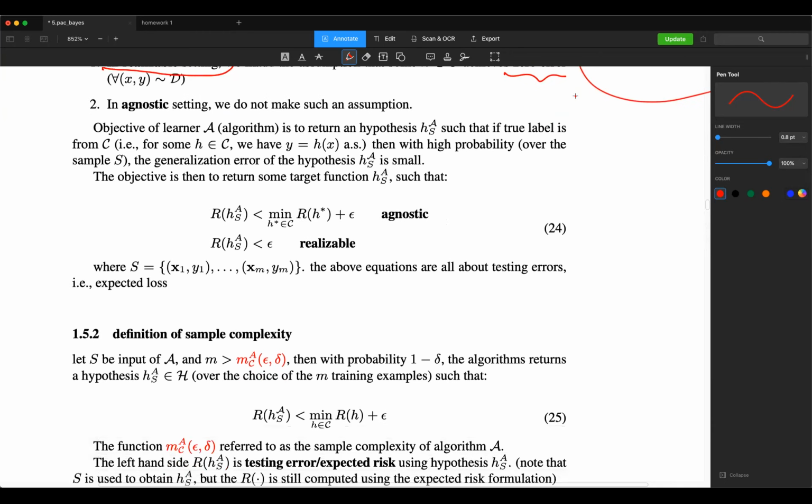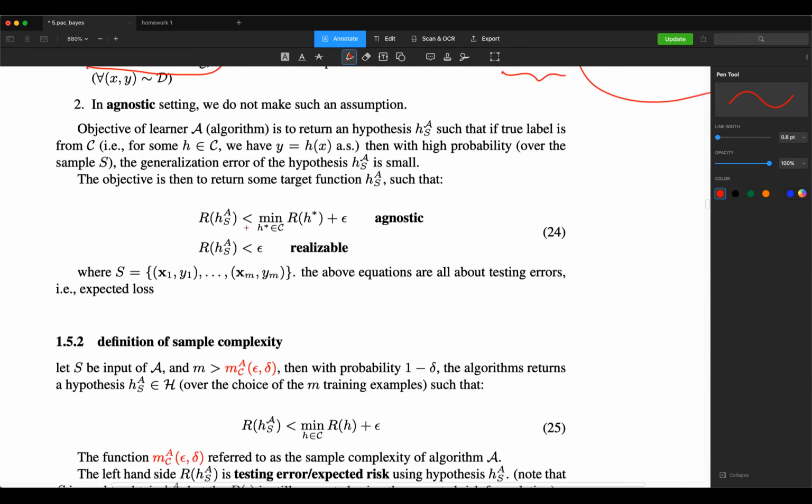So when you are performing something like this, this is in fact what you can learn from your algorithm. Remember, do people still remember this notation? H, A, S. This is the algorithm, that's the sample, and that's the hypothesis.